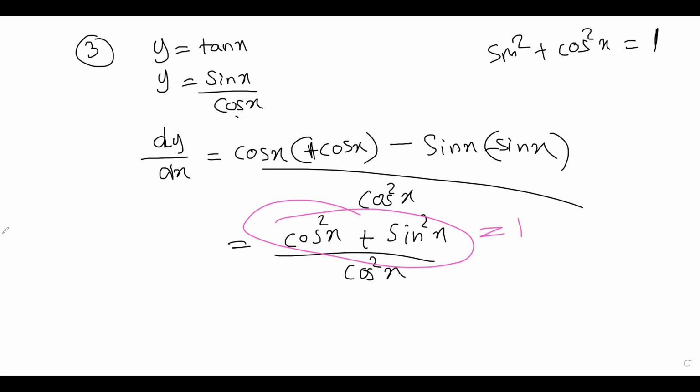Now the final answer is equal to what? 1 over cos squared x. 1 over cos x, sec x, no? So this one equal to what? Sec squared x. Yes. You can write like this, no? So dy by dx equal to what? Sec squared x. You can find that answer like that, no? You can find easily.